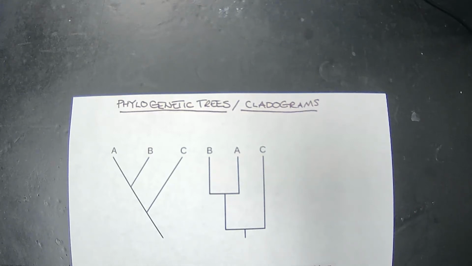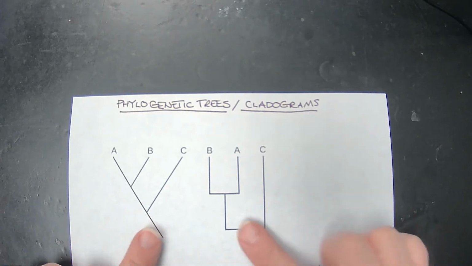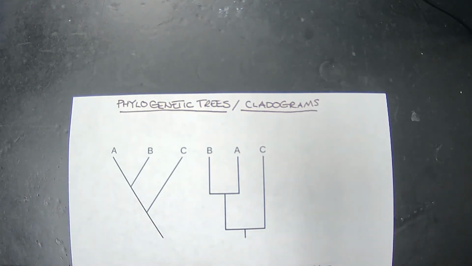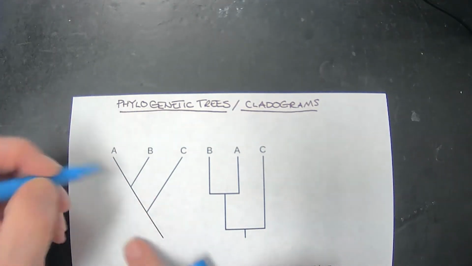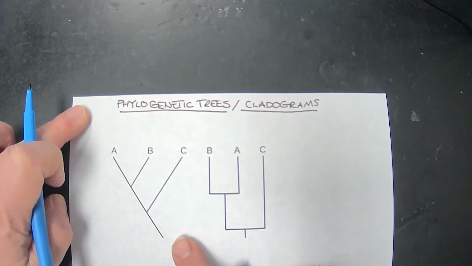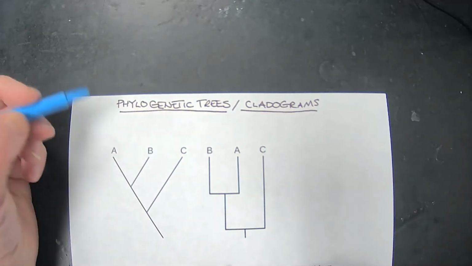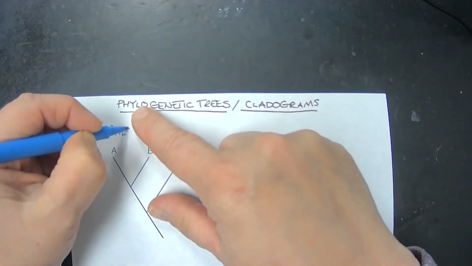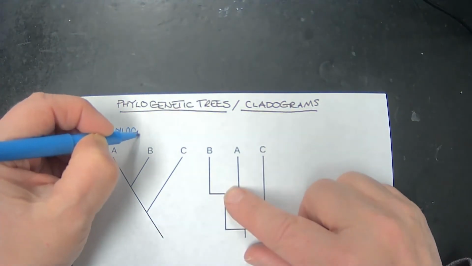Okay, so this is a real super quick thing on phylogenetic trees and cladograms, and these are basically common sense. So right here I have two different charts. This one that starts at this point and goes, you have a straight line with branches coming off. This is the phylogenetic tree.